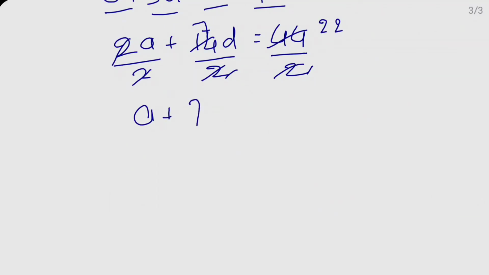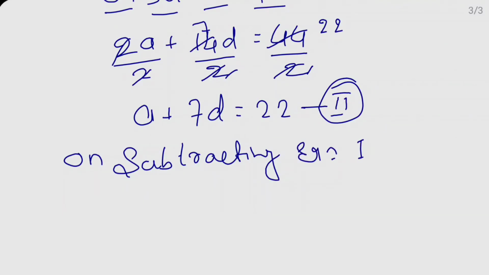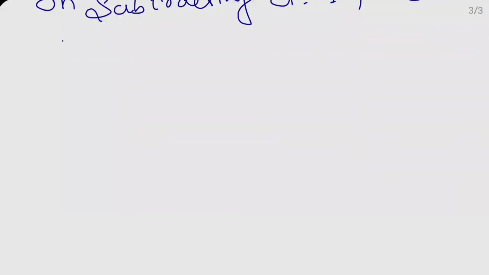A plus 7d is equal to 22. So call this equation 2. So now on subtracting equation 1 from 2 we get.